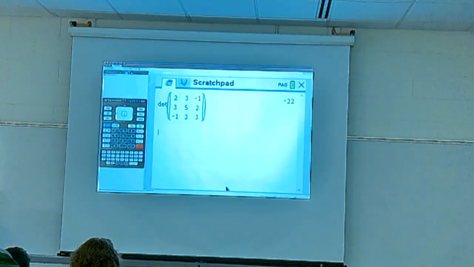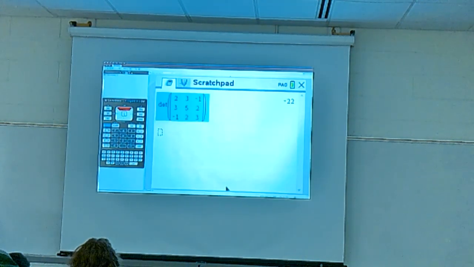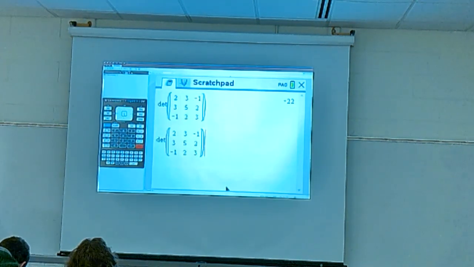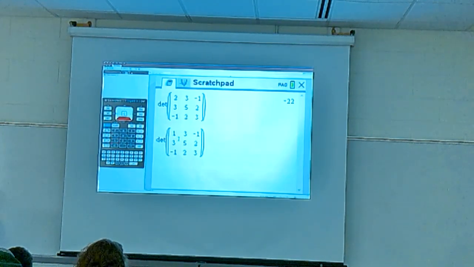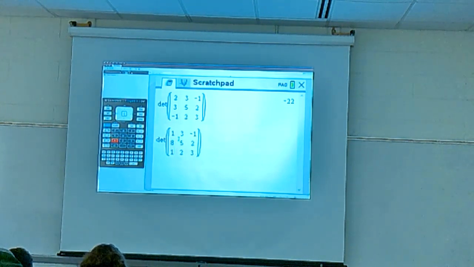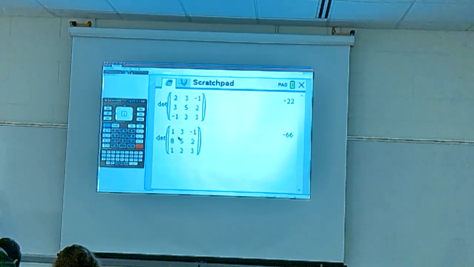Let's take that determinant. And here, we can kind of cheat. I just scroll up, highlight that, hit enter, it's copy and paste, because now I just have to change the first column. Negative 66.